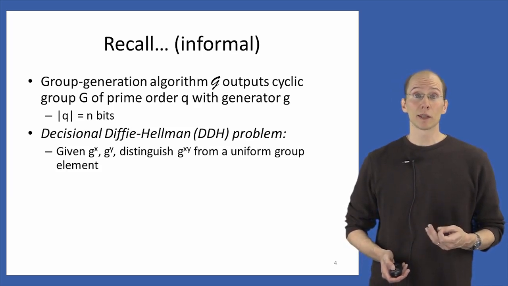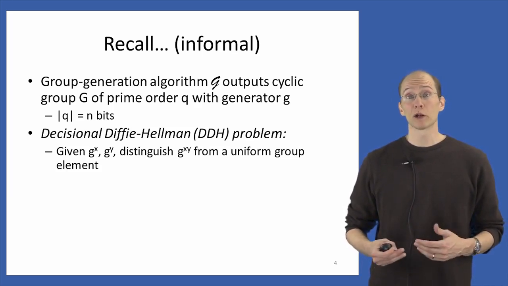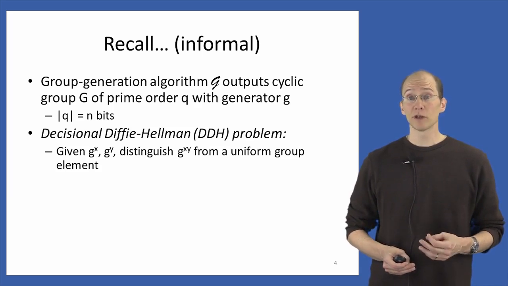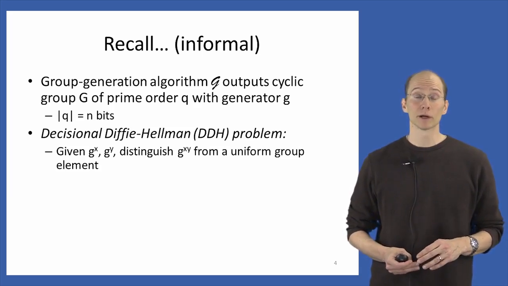Now, given this group G of prime order q with a generator g, the decisional Diffie-Hellman, or DDH problem, is the following.